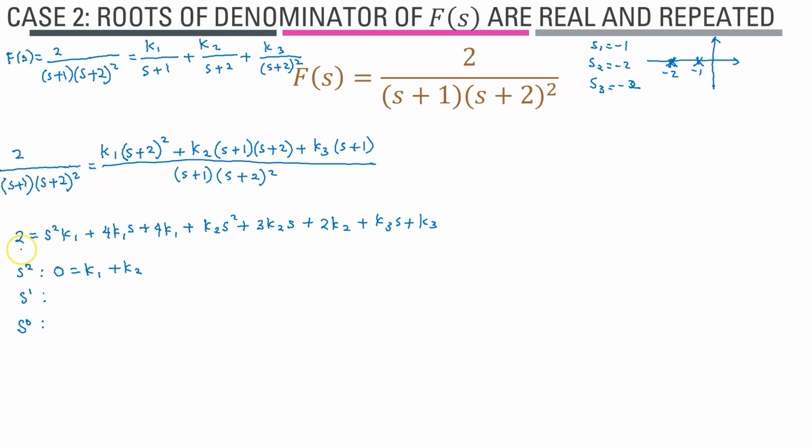For s to the power of 1, similarly, on the left hand side we don't have any, so we put 0 equals 4k1 plus the multiplier of s here, 3k2, plus one more here, k3. For s to the power of 0, which is 1, we have here 2.